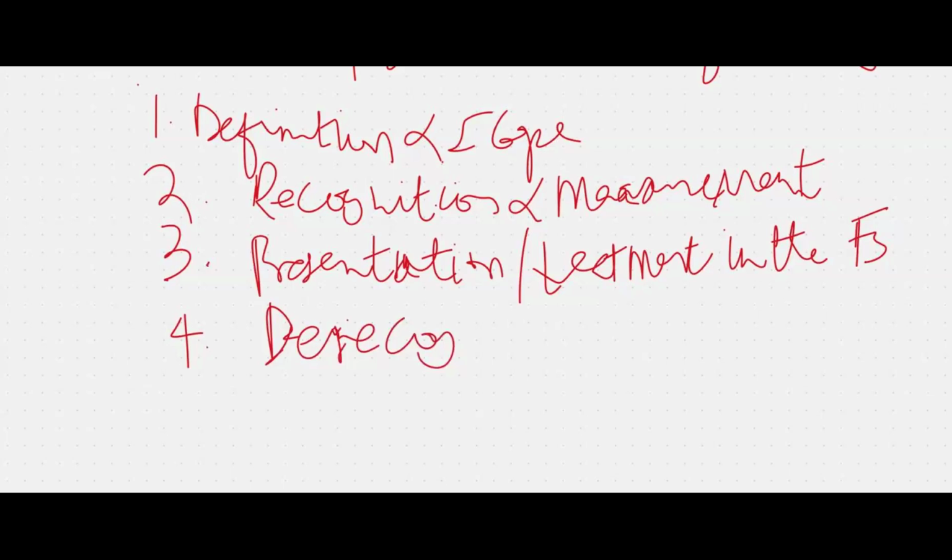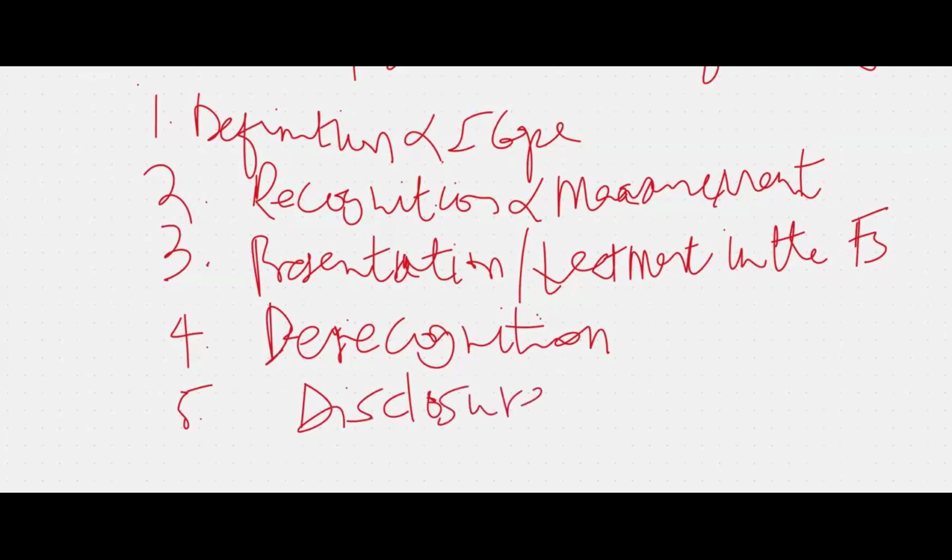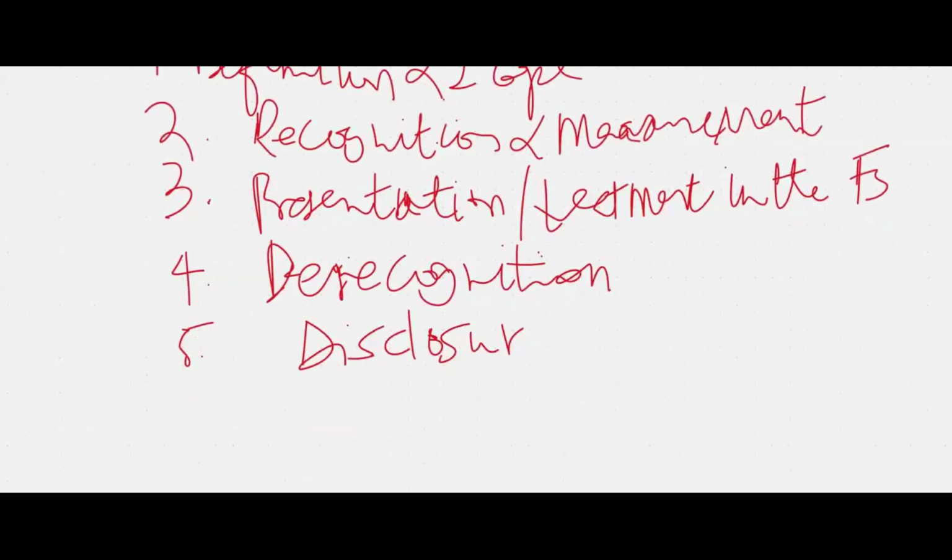So I'm going to explain these terms, okay? Whenever there are any standards to be taught, these 5 are followed. Then the last one, we have to look at the disclosure.